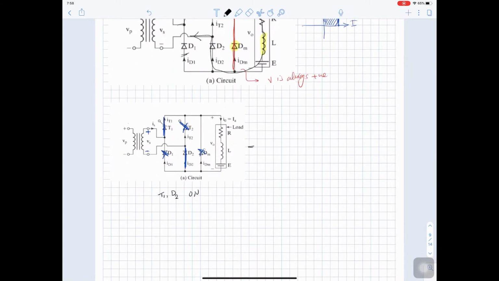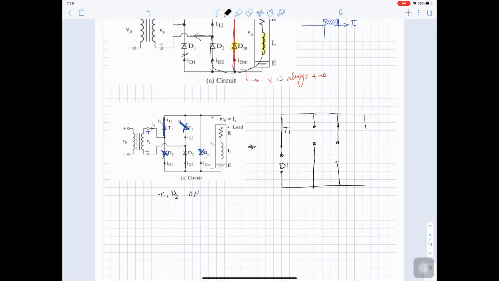So I will sketch the circuit. Here we have thyristor 1 on and diode 1 off, and here we have thyristor 2 off and diode 2 on, and the freewheeling diode is turned off.